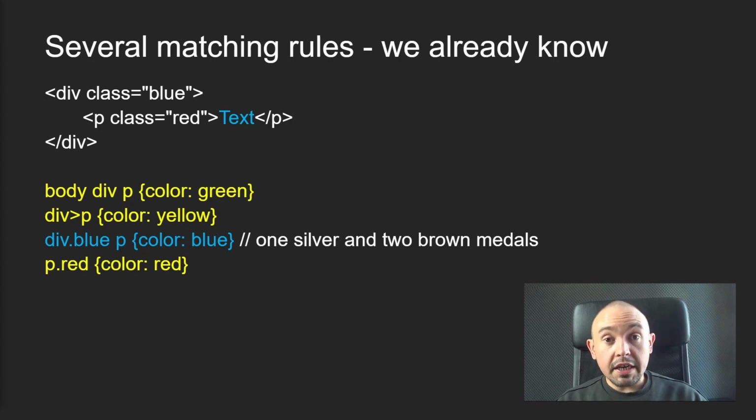The last rule is the p tag with the red class, so 1 bronze medal and 1 silver medal. And the most important rule, which is the third rule, is the div tag with the blue class and the p tag, which gives us 1 silver medal thanks to the blue class used, and 2 bronze medals thanks to the div and p tags used.